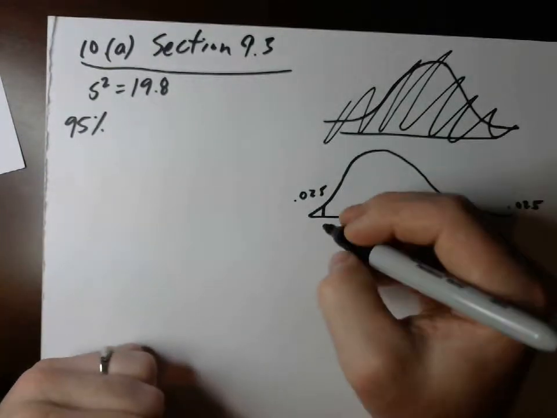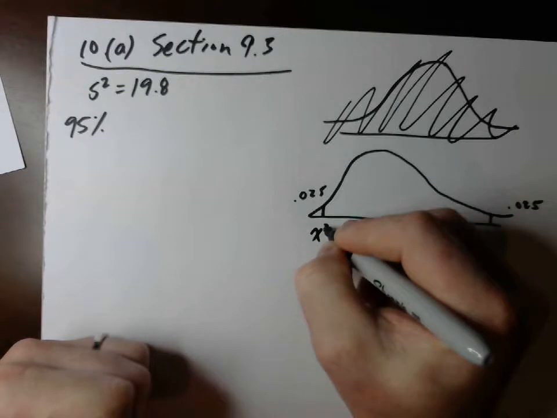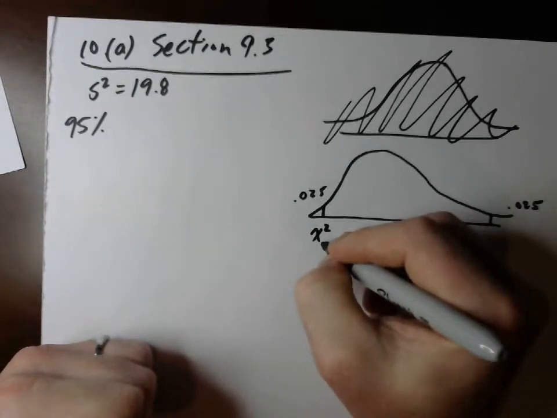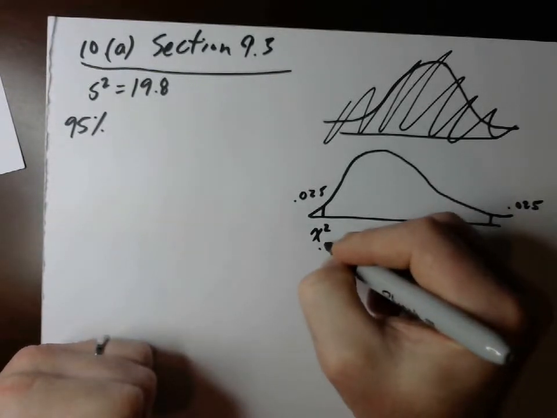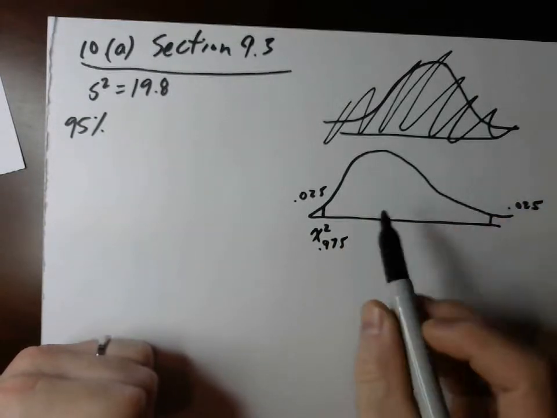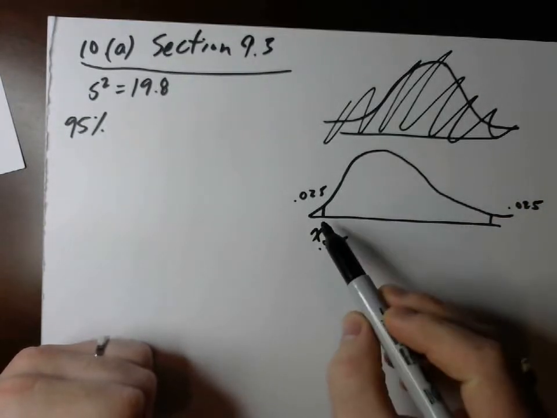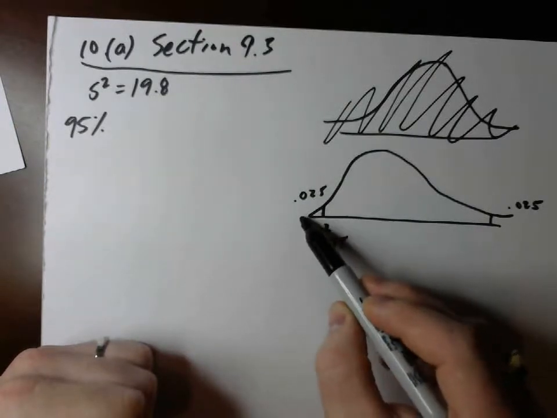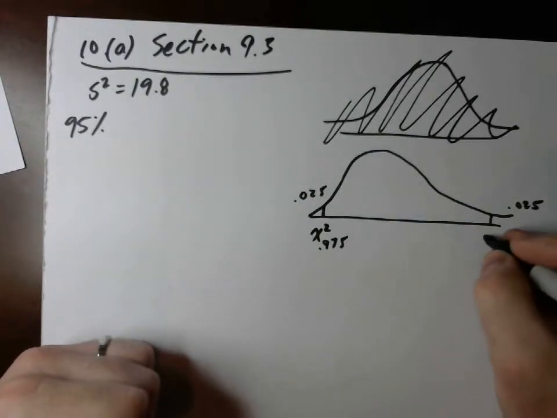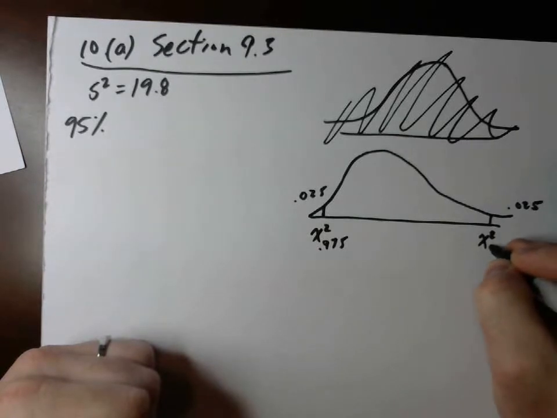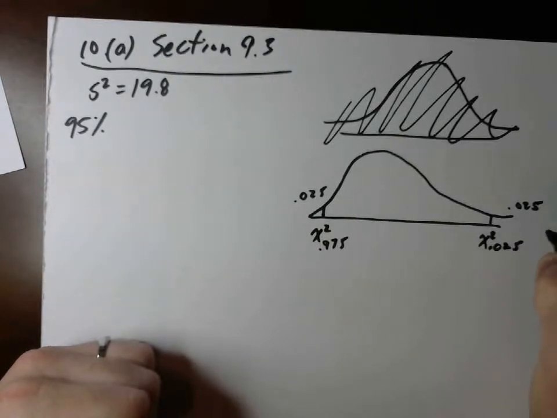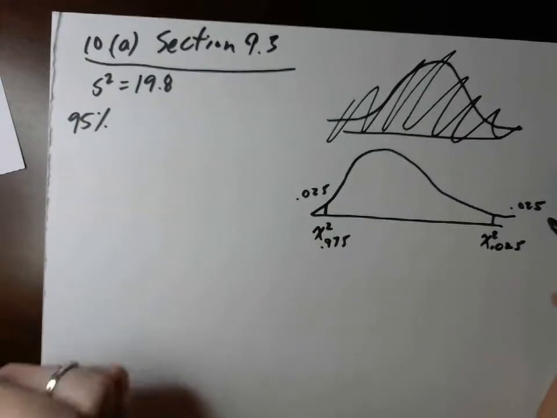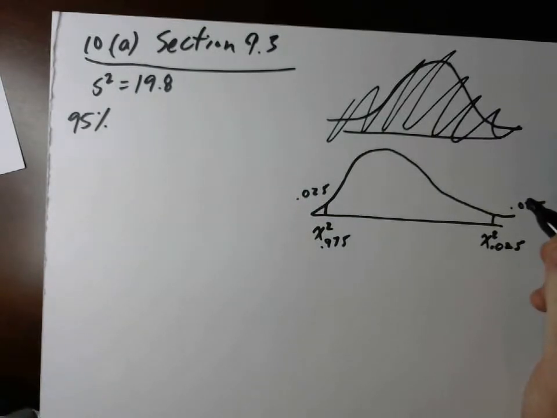So what we're calculating is chi-squared with subscript 0.975, because the area to the right of this chi-squared value is 1 minus 0.025, since this is the area to the left. And this would be chi-squared of 0.025, because that's the area to the right.